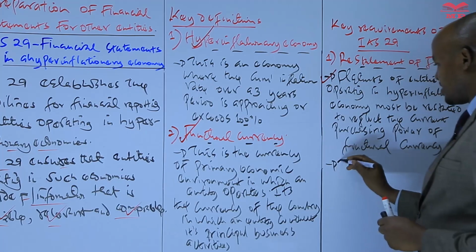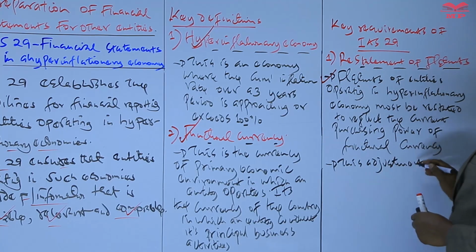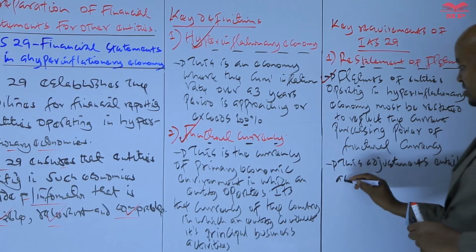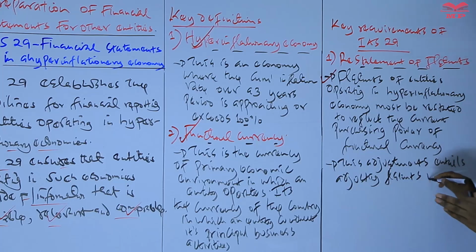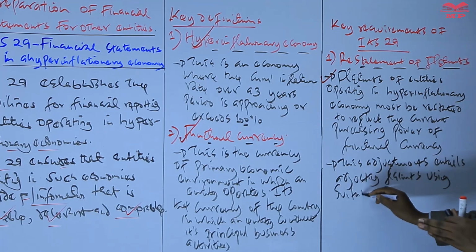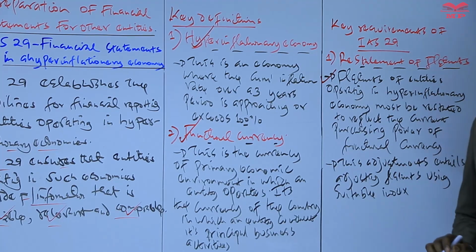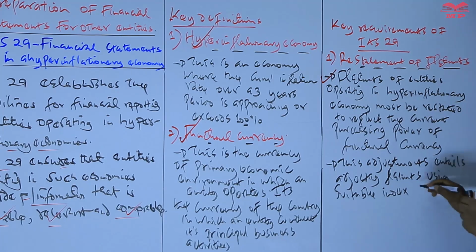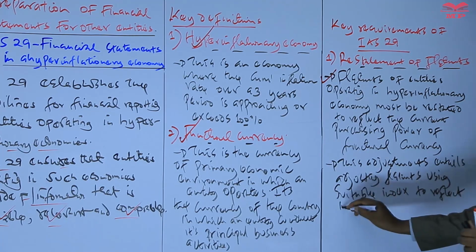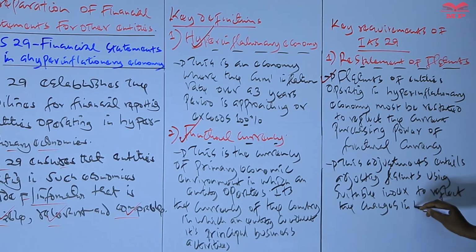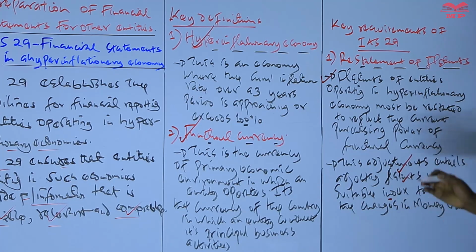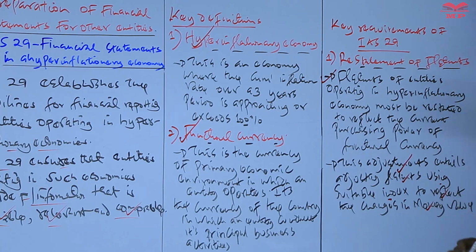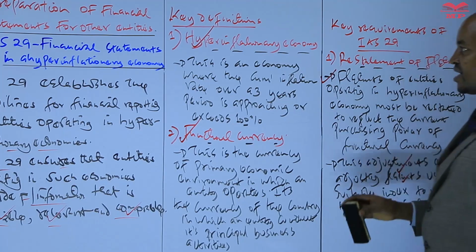So we can say that this adjustment entails adjusting the financial statement using a suitable index to reflect the changes in money value, in order to reflect the current market value of such items.